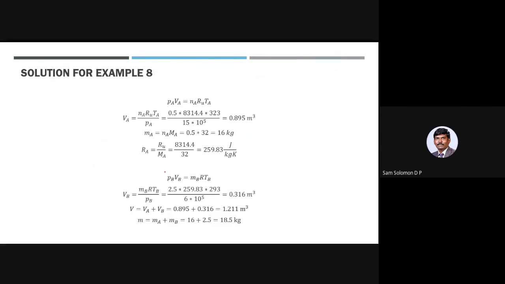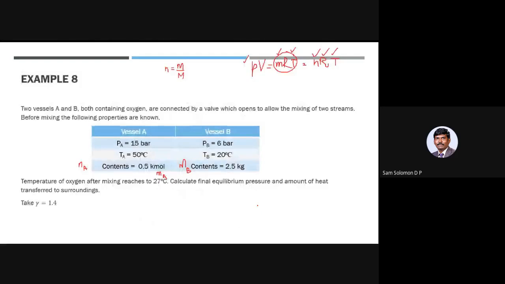So that is what is shown here. The total mass is shown to you. The total volume is also shown to you, because when both the volumes are mixing together, you can add the volumes. And the final temperature is also given to us. If you look at this problem, the final temperature is 27 degrees centigrade, which means 300 Kelvin.